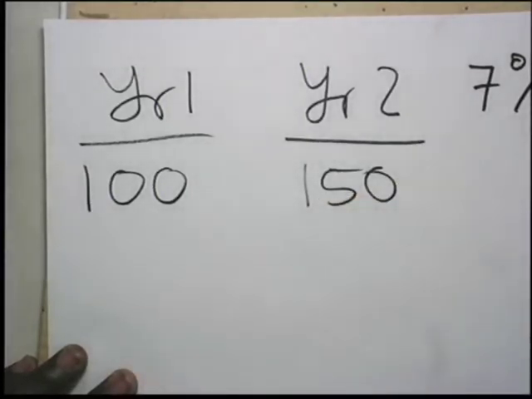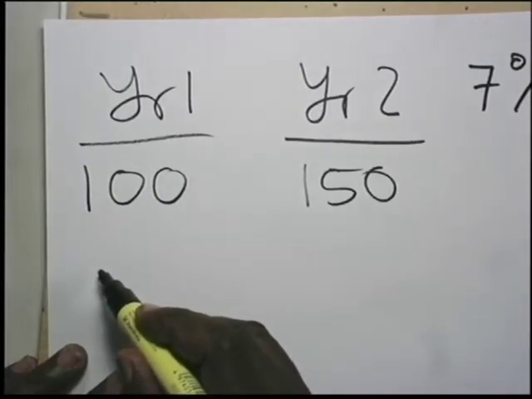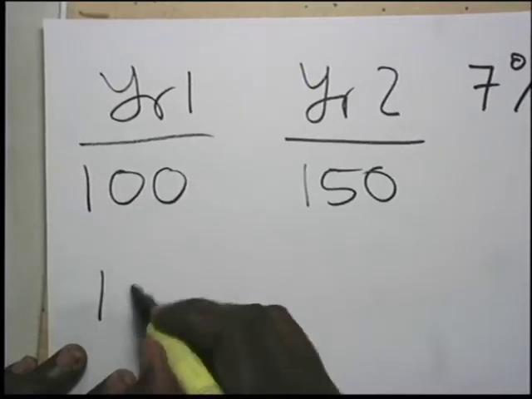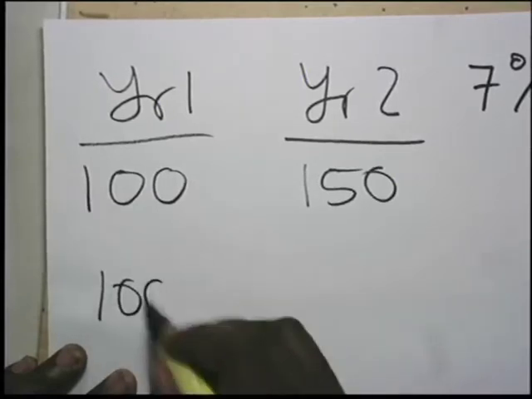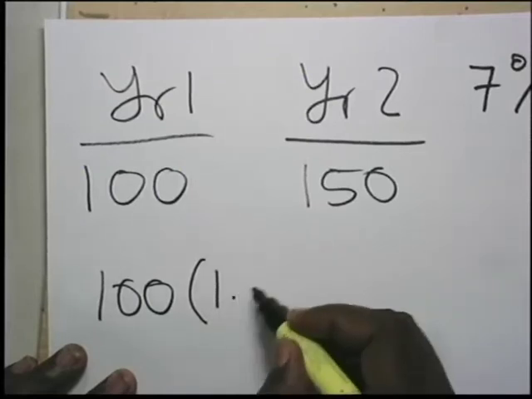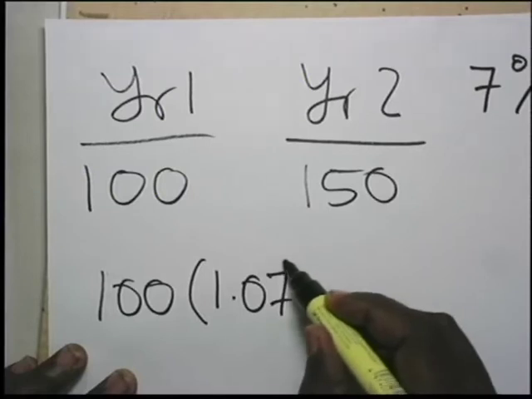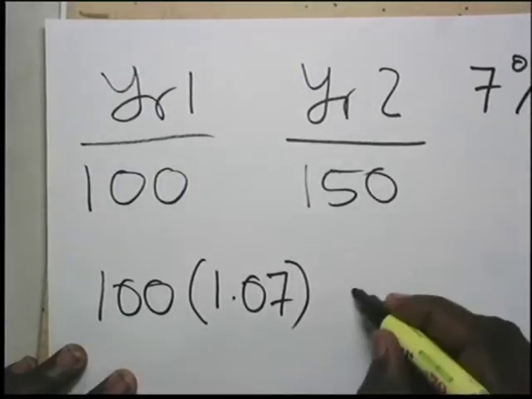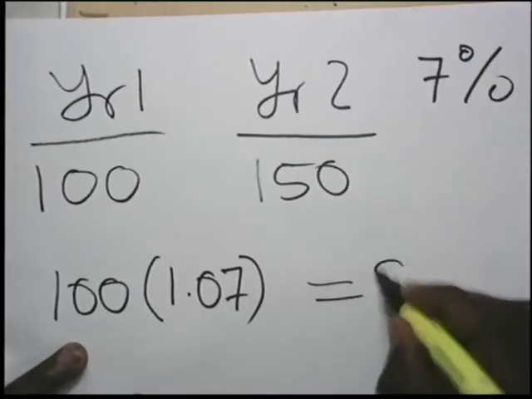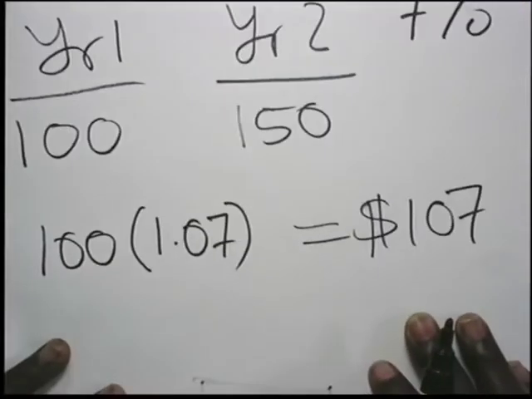What do we mean? If you look at this $100, at the end of year 1, the principal will be 100 multiplied by 1.07, isn't it? At the end of year 1, which will give us an amount of 107. That's what we're saying here.